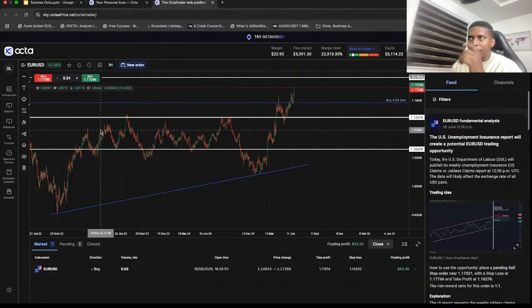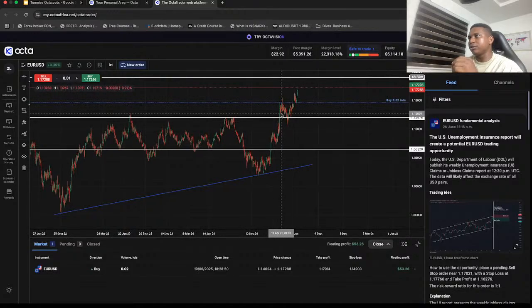We can see how price has moved on this level, and here at this level there was a breakout. When the breakout happened, a pullback came in and a continuous push up in price.